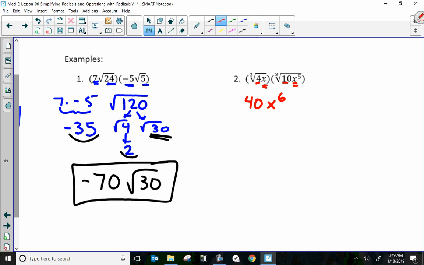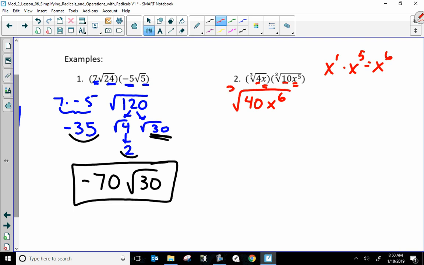Don't forget, when I multiply variables, I add the exponents. So if these were under cube roots, my product should also be under a cube root. And this goes back to simplifying radicals. I say the cube root of 40, separate from the cube root of x to the 6th.